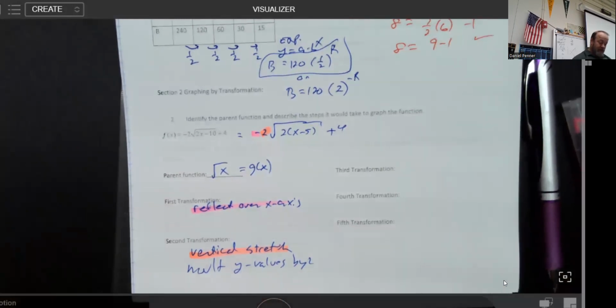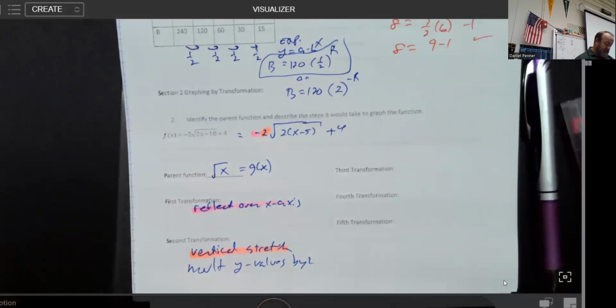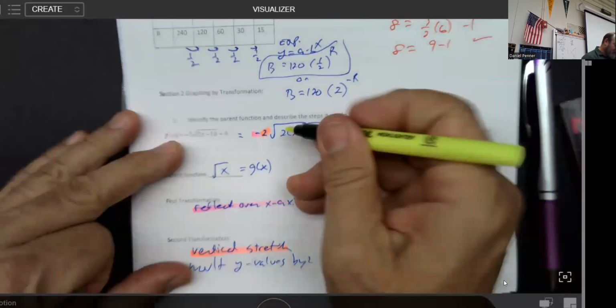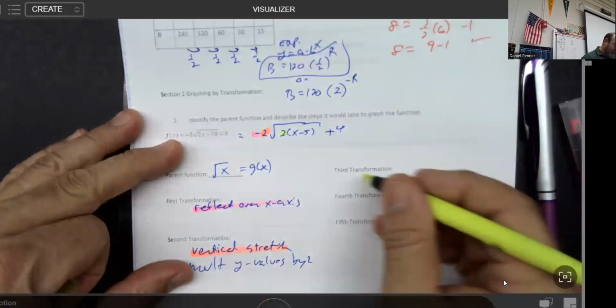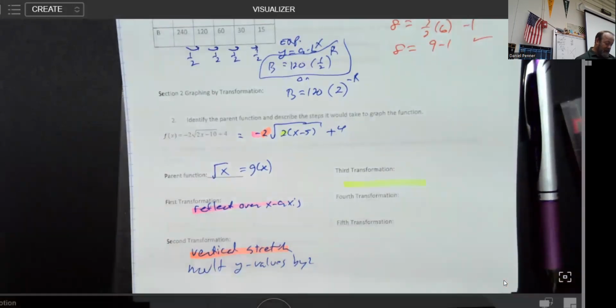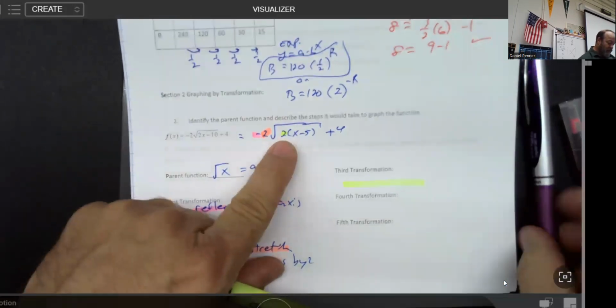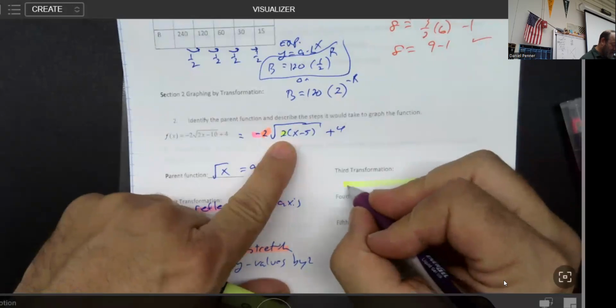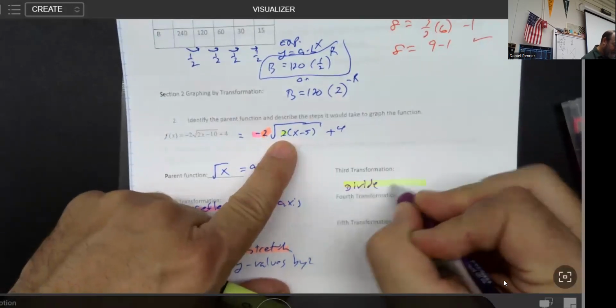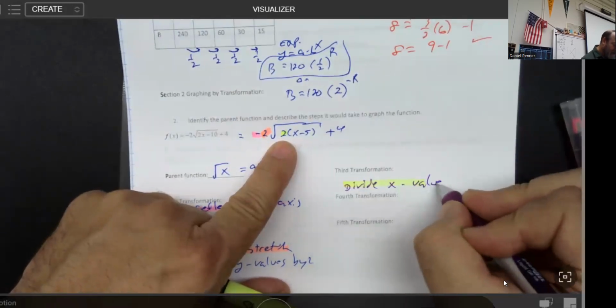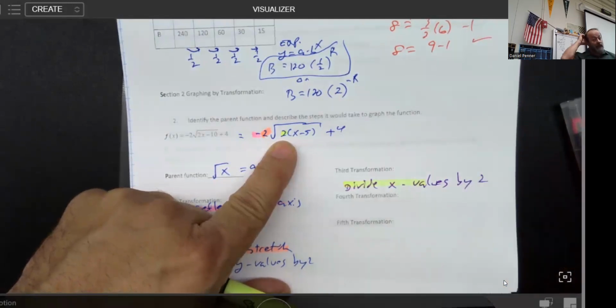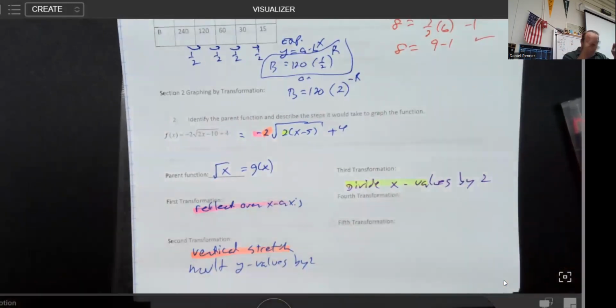Now, the third transformation that I see comes into the inside. This piece right here is going to be a case of dividing the x values by 2. But technically what that means is actually it's like a horizontal contraction.